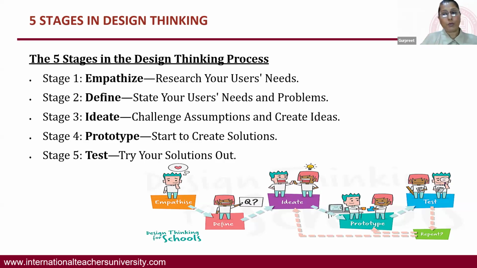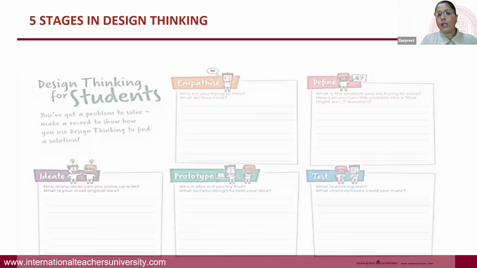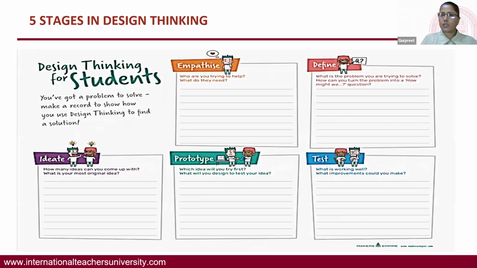Similarly, when they are creating the prototype, if it's not working fine or the solution does not make any sense, they can go again to empathizing. They can go deeper into understanding the users and learners' needs. So basically, design thinking process is a non-linear process. It will always work in a non-linear way to create solutions.